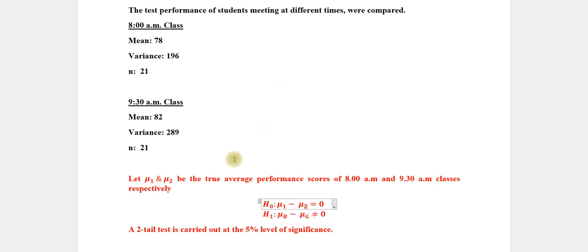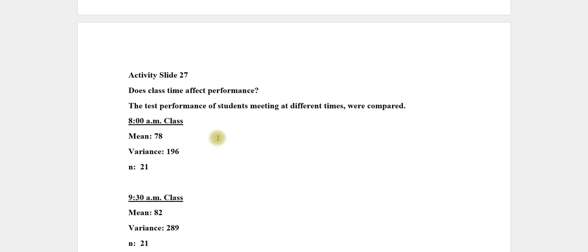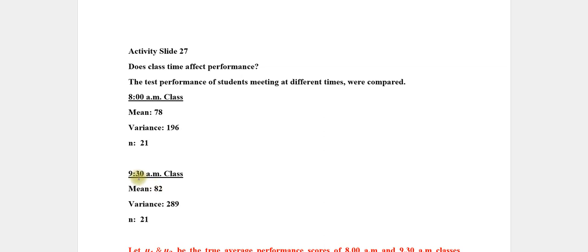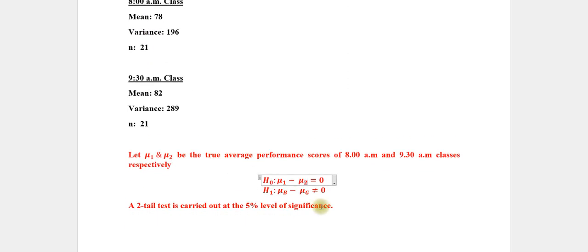Mu1 minus mu2. Does class time affect performance? It did not ask you whether the 9:30 a.m. class performs better than 8 a.m. If this was the case, then you would have said mu1 minus mu2 would be less than 0 because 8 a.m. minus 9:30 would be less.